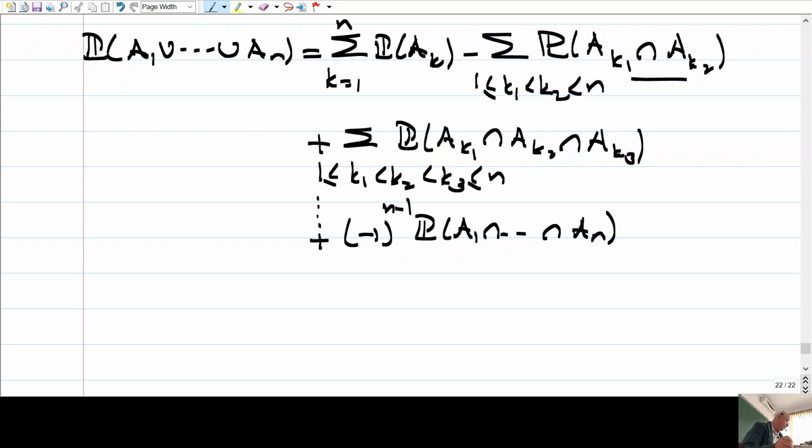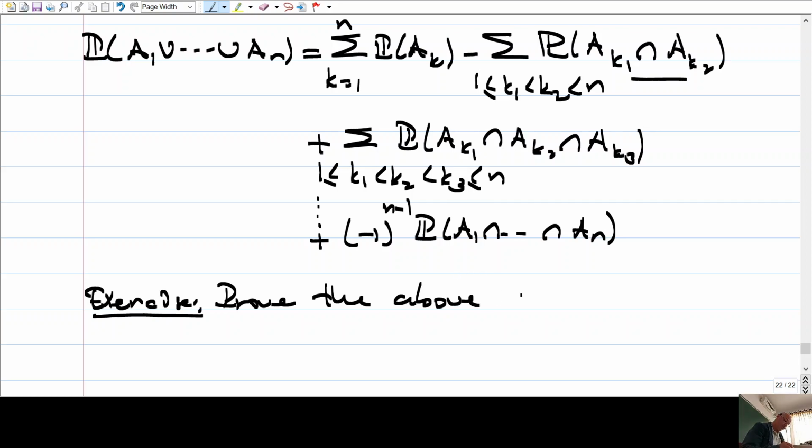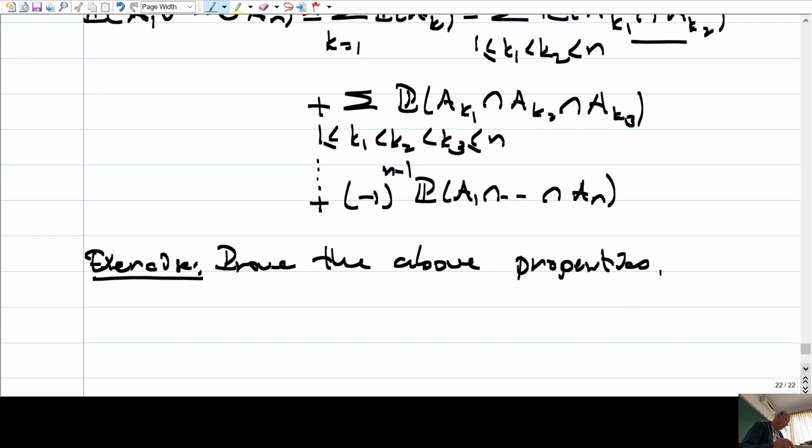And I'll leave the details as an exercise. Exercise: prove the above properties. Well, we already proved some of them. Maybe the last one needs some explanation, but it is also clear from, I guess, induction.